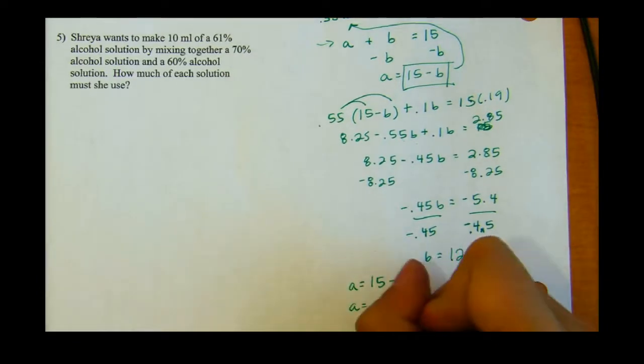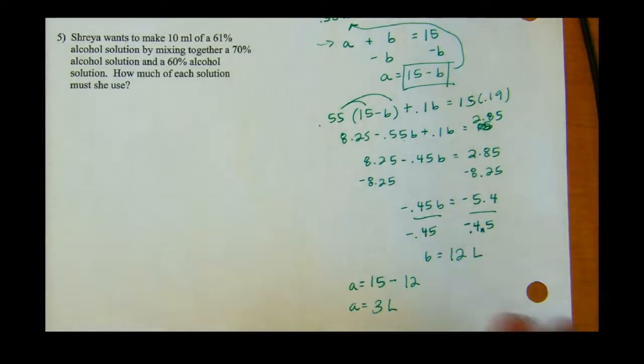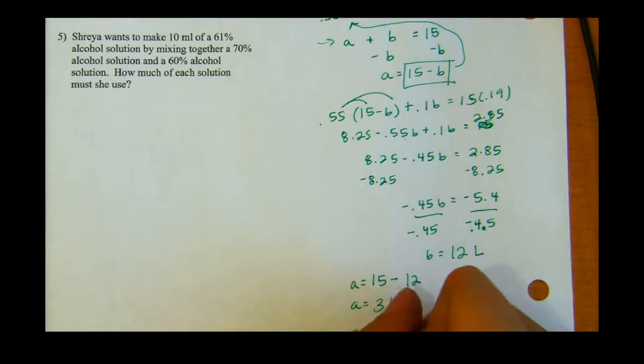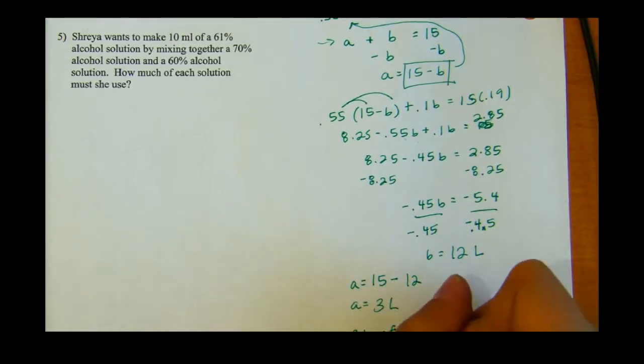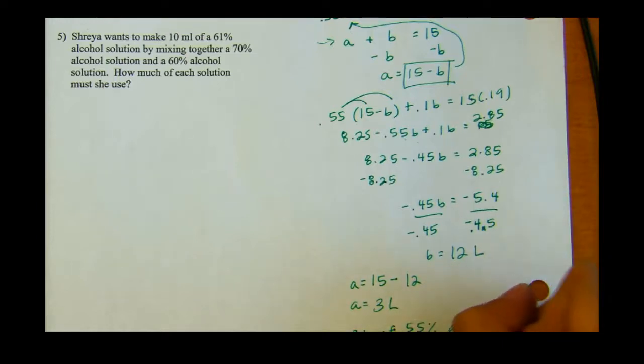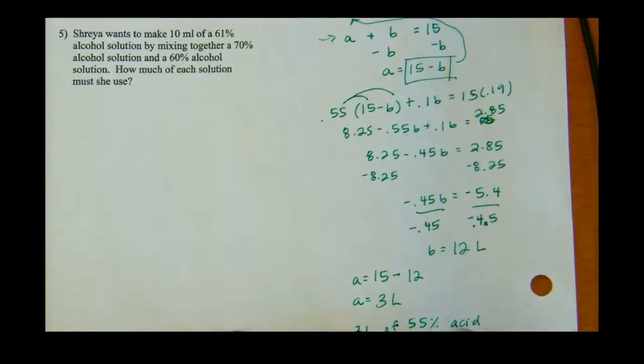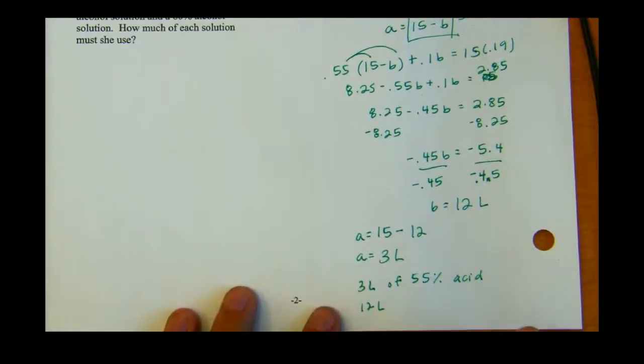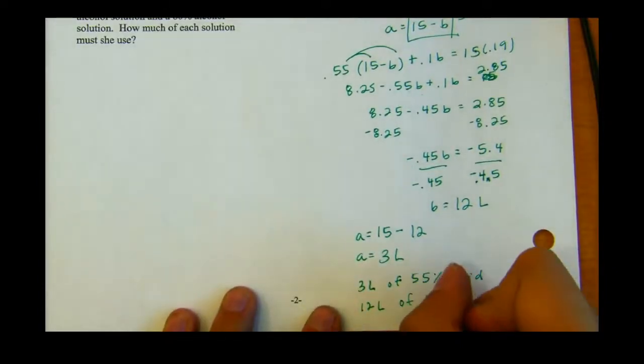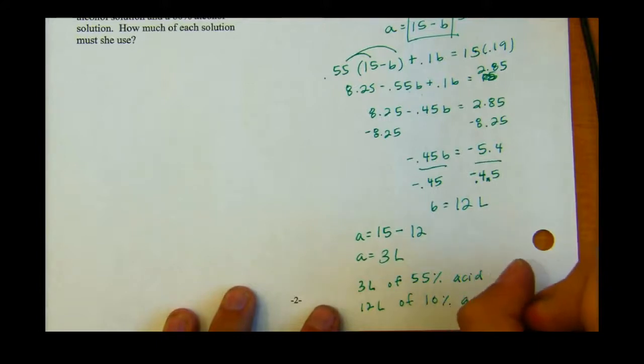A is going to equal 3 liters. So now I've got 3 liters of the 55% acid solution, that was solution A, and 12 liters of the 10% acid solution.